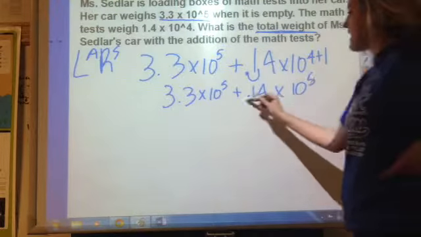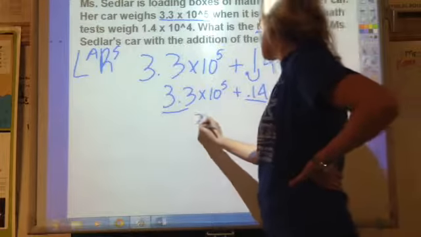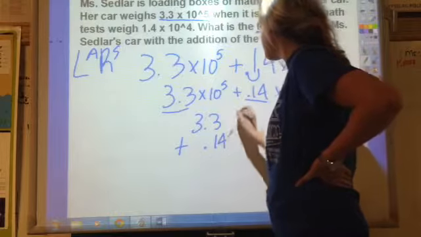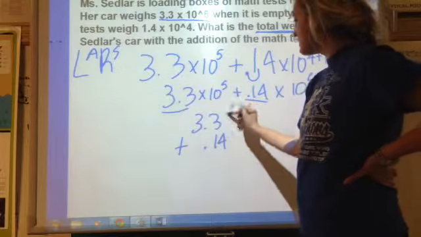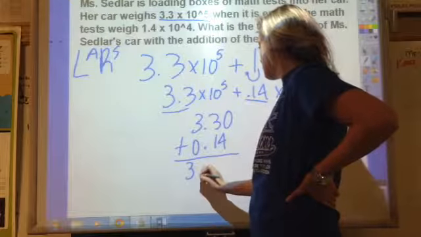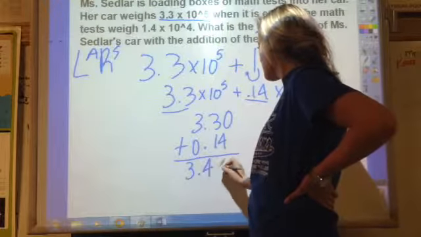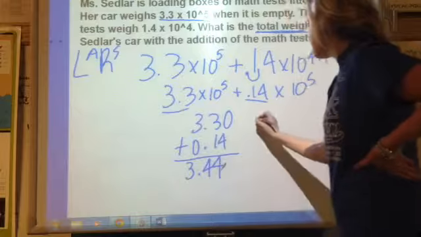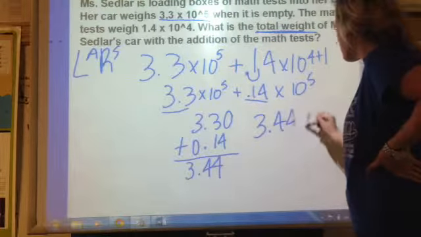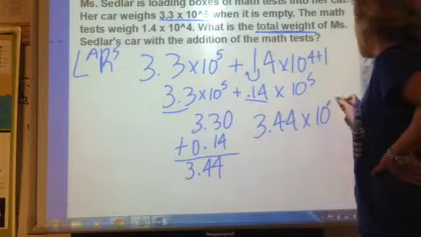Now all I have to do is add my coefficients. I'm going to add 3.3 plus 0.14. Make sure you line up your decimals and fill in your zeros. I'm going to be left with 3.44. So the total weight of Ms. Sudler's car will be 3.4 times 10 to the 5th.